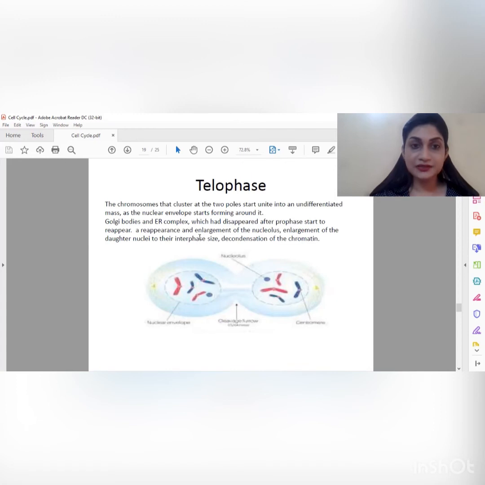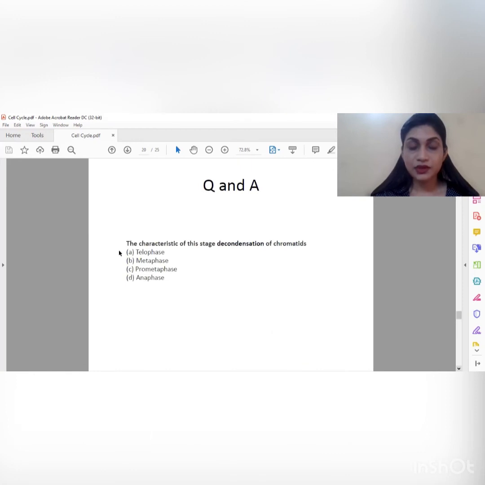Then comes decondensation of chromatin. The chromosomes will decondense. The characteristic of this stage, decondensation of chromatids, what is it? Telophase.